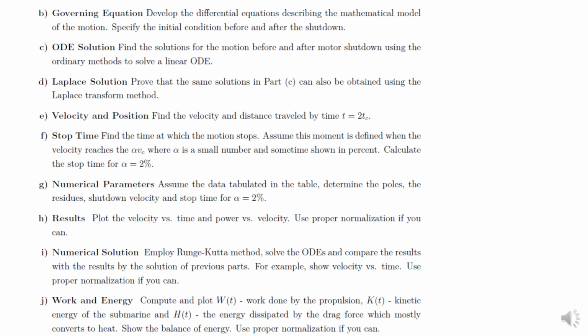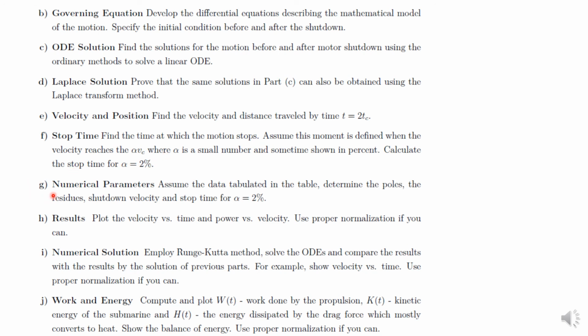It will be with a lot of parameters, not exactly numbers. And then problem E will be what will be the velocity and the position. So this will also be an analytical solution. And then what will be the stop time? It will also be an analytical solution, a certain equation with a lot of parameters.